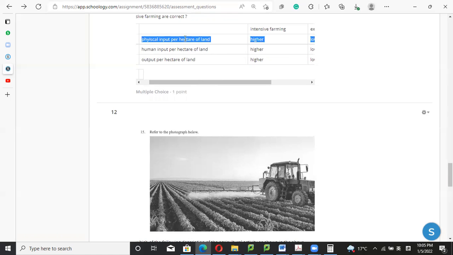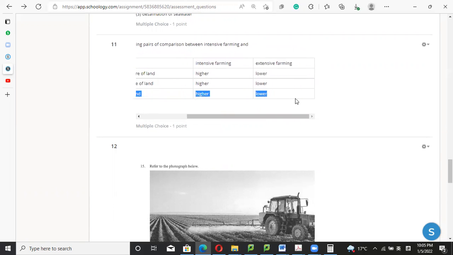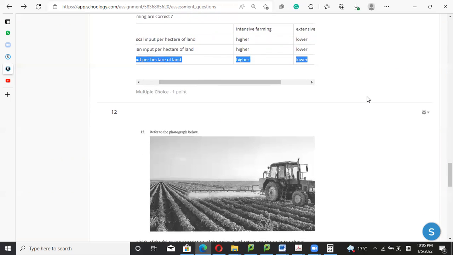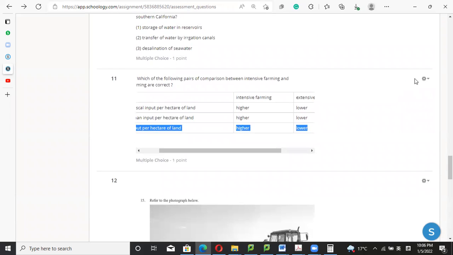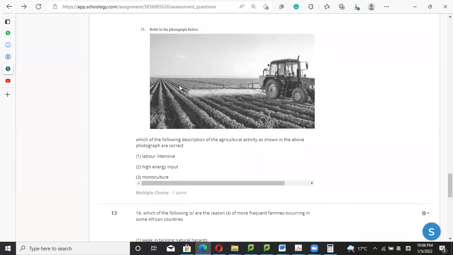So number one is wrong, and accordingly it should be 2 and 3. But let's check the last one. Output per hectare of land is also true, because in intensive farming we have a lot of input, while in extensive farming we have very low input. So the answer should be 2 and 3. I'm not going to press it, I'm confident I'm right.